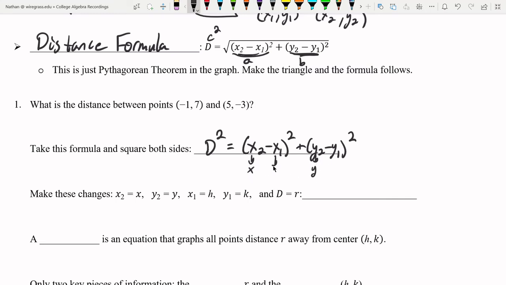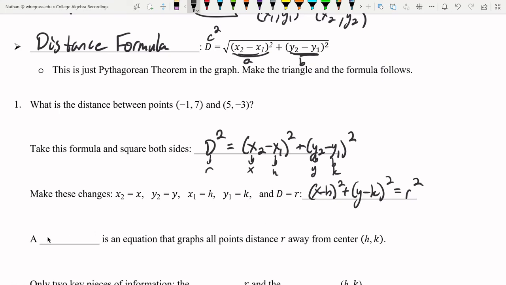I'm going to change this one to h, this one to k, and change the d to r. I'm also going to flip this around. So it looks like this. x minus h squared plus y minus k squared equals r squared.